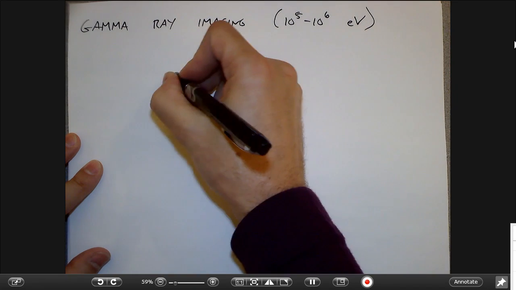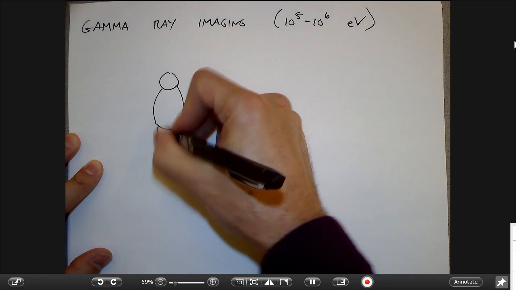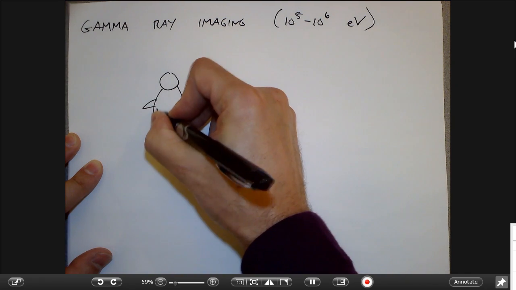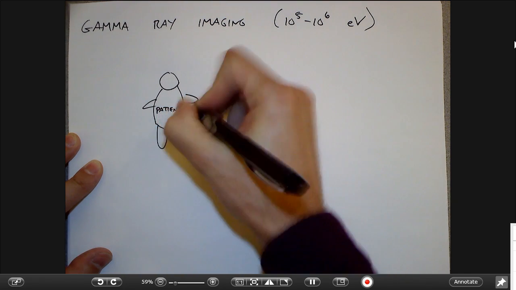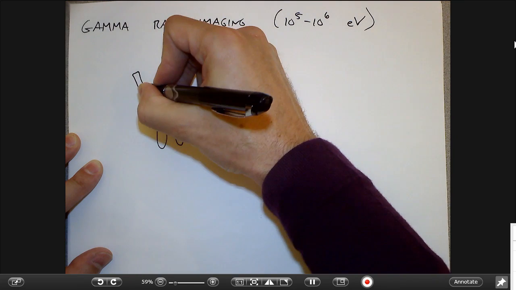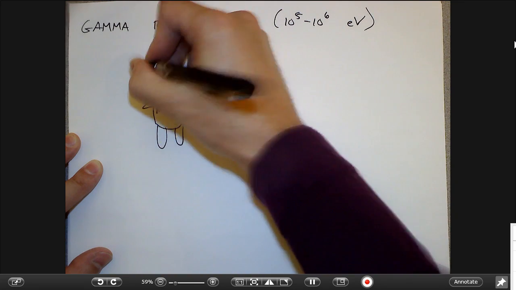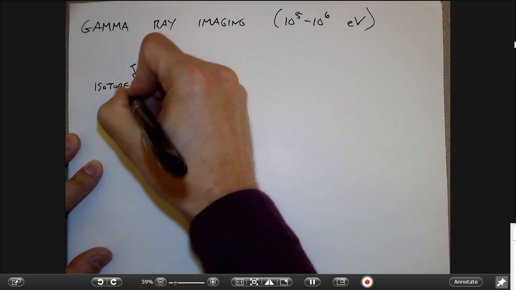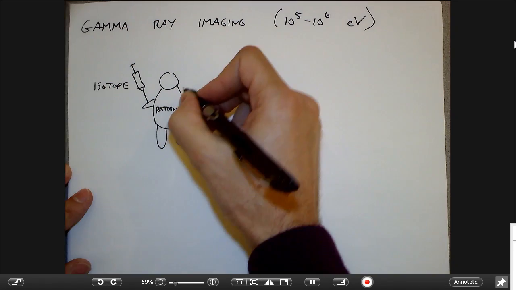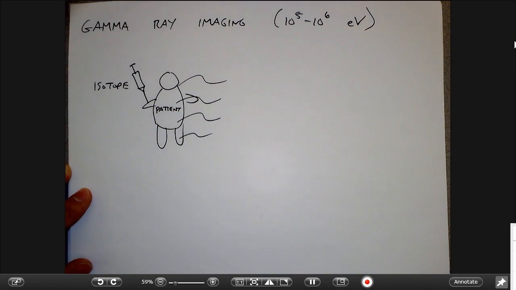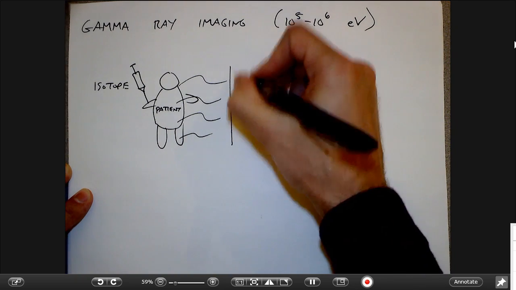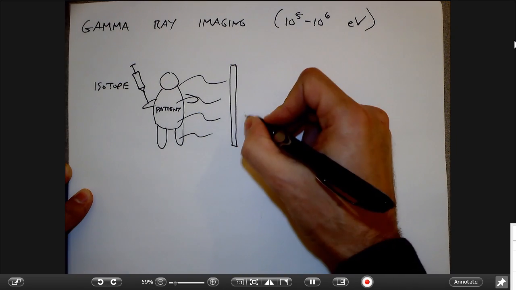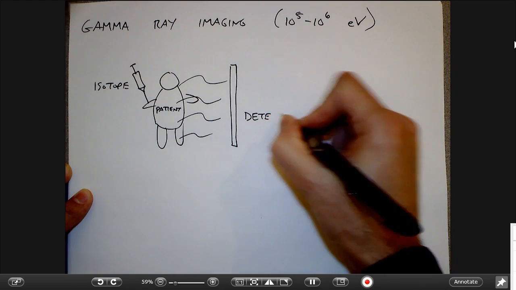So you have a patient, and they get injected with some sort of isotope. And after the patient has been injected, they start to give off gamma rays. And those gamma rays are received by a 1D or 2D detector.